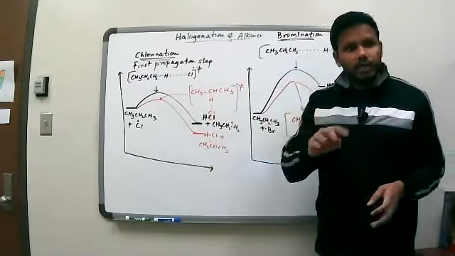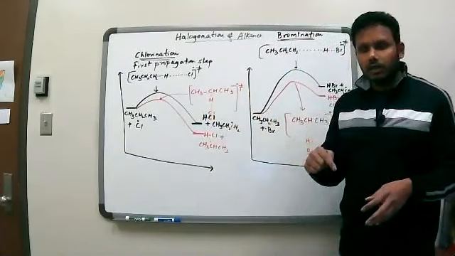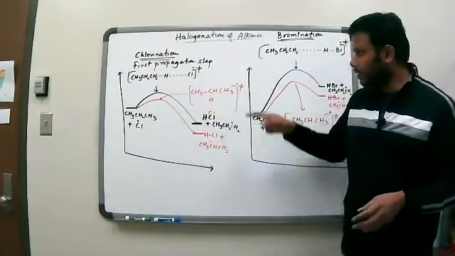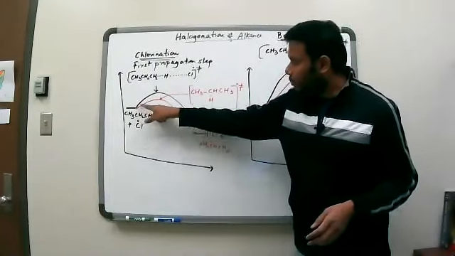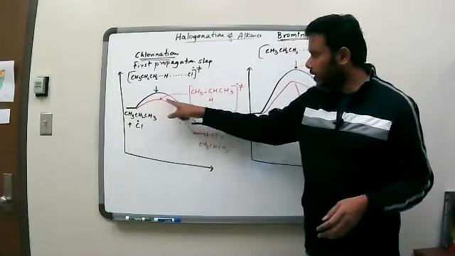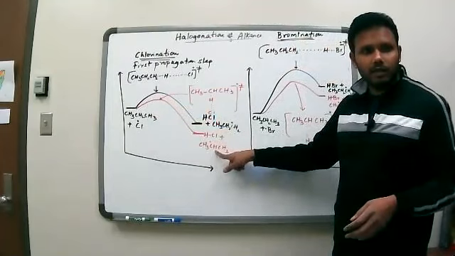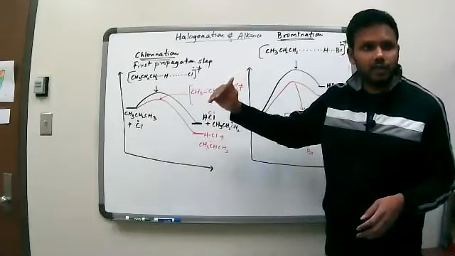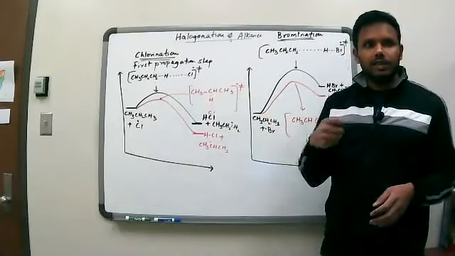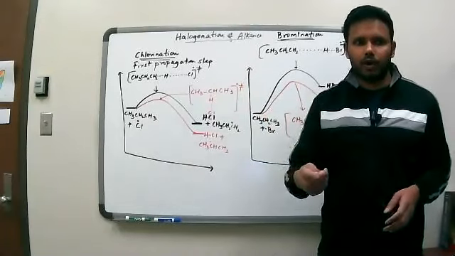Now, why do we get more of the secondary or the 2-chloropropane product? That is also in this plot, because notice how the reaction profile leading to the secondary radical and then to the 2-chloropropane has a lower activation energy. So that means it is kinetically the more favored product.